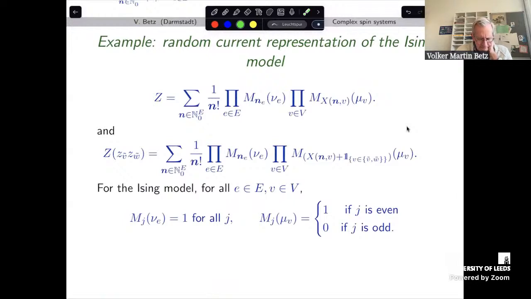But then, interestingly, if you look at the z of zv tilde zw tilde, so if you just plug in two spins and integrate that, then the effect is that you already have somebody at this vertex. So you have somebody already at this vertex.